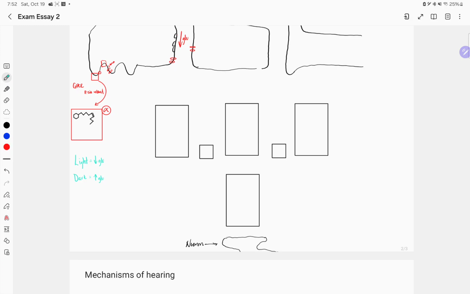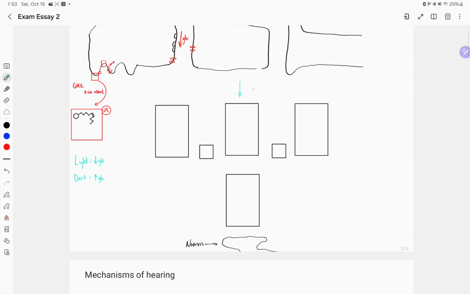So when we have light hit this photoreceptor, we know that ultimately means less glutamate.